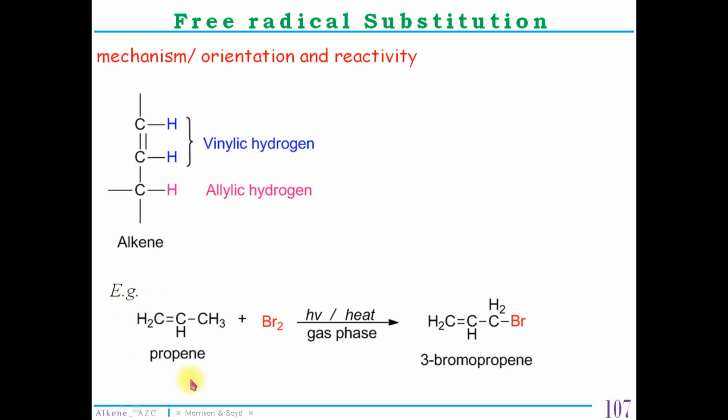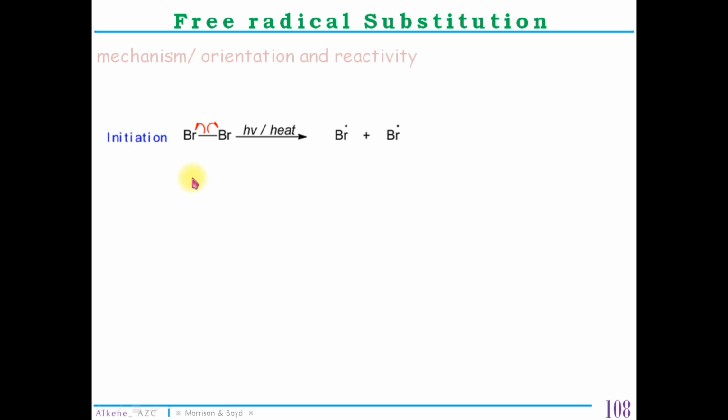An example of the free radical substitution reaction: propene reacted with bromine in the presence of light or heat in the gas phase gives 3-bromopropene. Mechanism: as it is a free radical reaction, in the initiation step, bromine gas breaks homolytically and gives a bromine free radical.